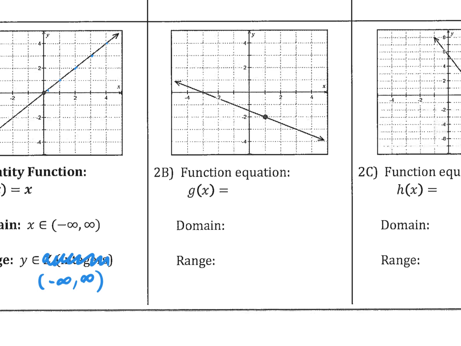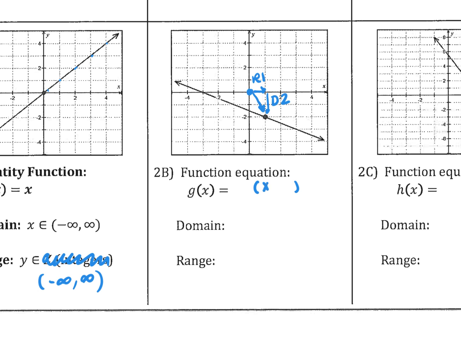First thing we need to figure out is how it is moving left and right, and how it is moving up and down. If it's normally here, and now we're moving it to here, how have we moved it? We moved it to the right one, and we've moved this down 2, haven't we?